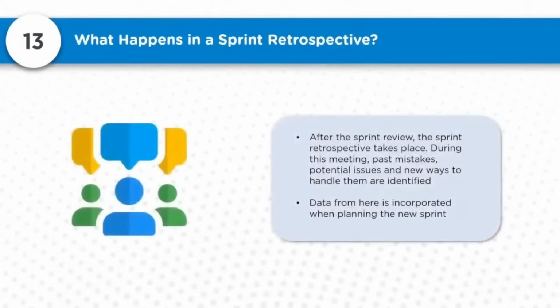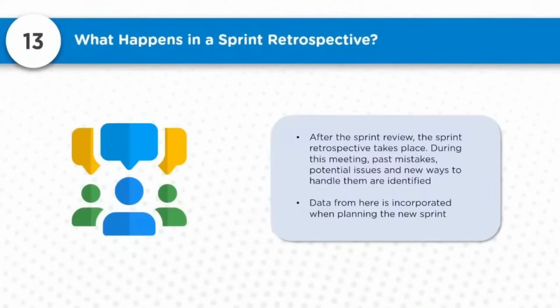So question number 13, what happens in sprint retrospective? After the sprint completes and the sprint review happens, the sprint retrospective is done. During this meeting, the lessons learned are discussed: what went well, what mistakes we made, what the issues were, and whether there is any new way of doing things.